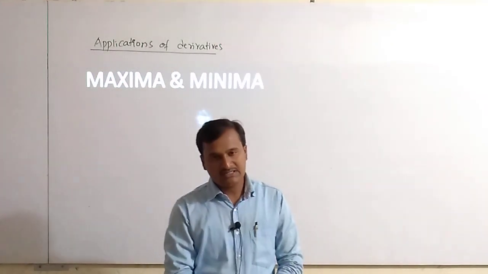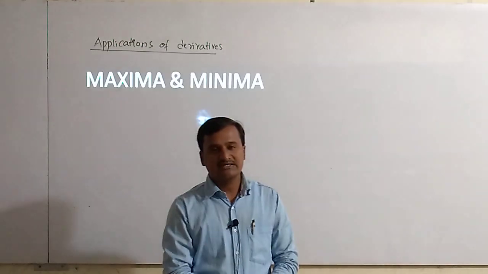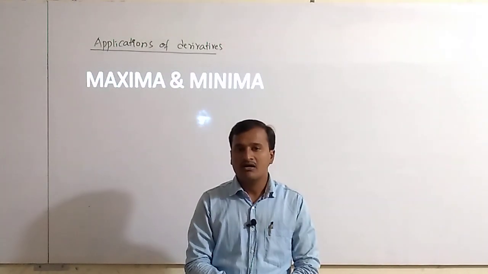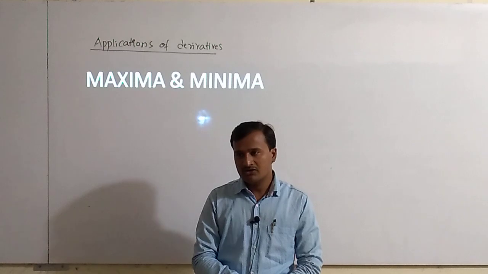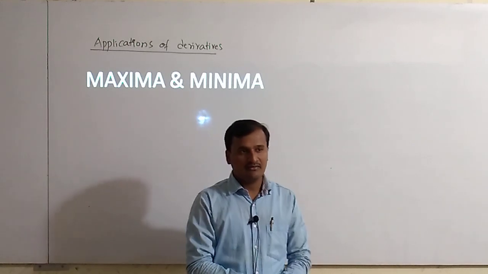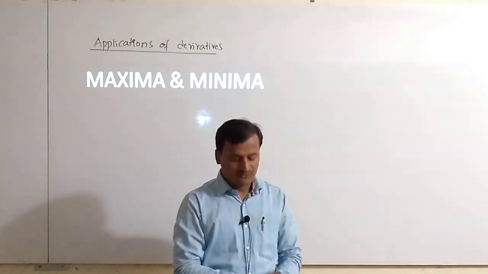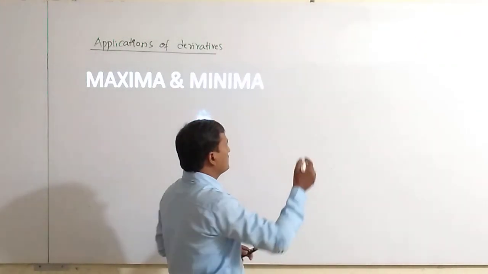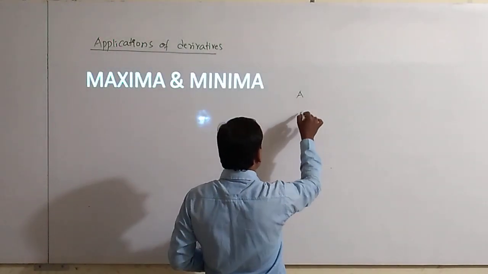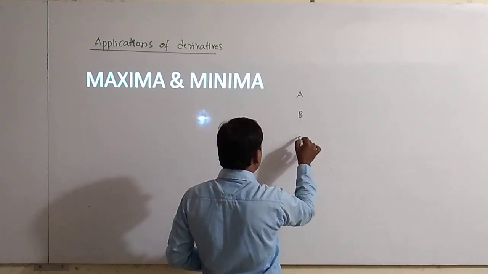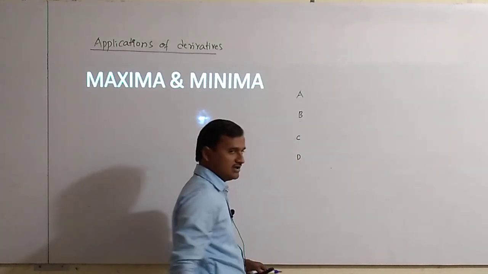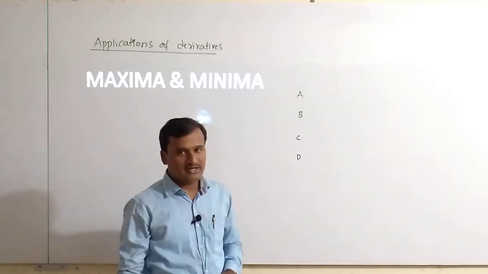So before discussing the words maxima and minima of a function, now let us see one example for the students. Here, I will take the four students A, B, C and D, right? So these are the four students.